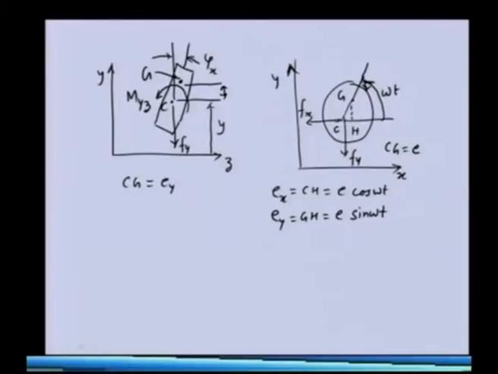So, this particular distance, looking into the tilt of the disk, will be EY cos phi x. Now, we can write the equation of motion of the disk in the y direction, and we can also balance the moment.